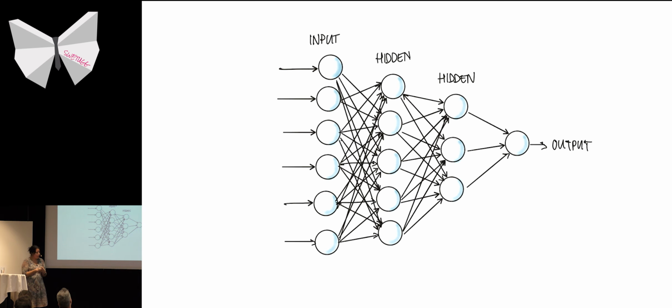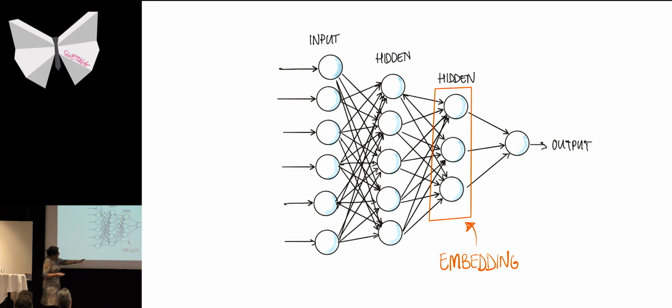And part of the magic of deep learning is that every single one of these hidden layers becomes a representation of the feature input. So if we take an image through a deep learning network, in the end we end up with an encoding.